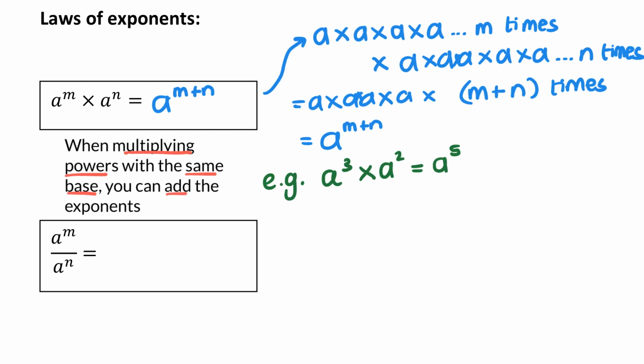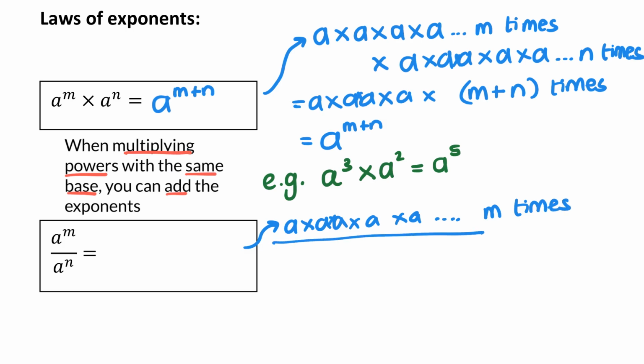The next law of exponents refers to dividing. If you think about this, that would be a times a times a times a times a, m times, over a times a times a times a, n times.